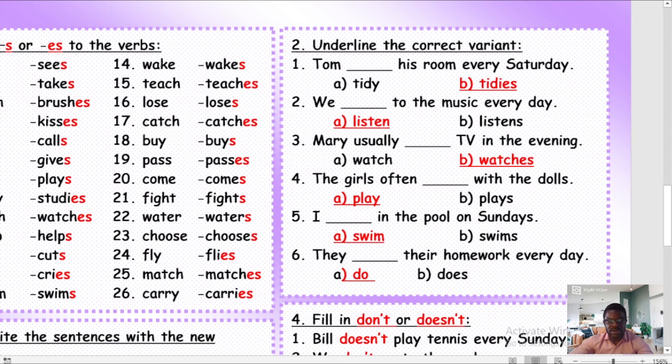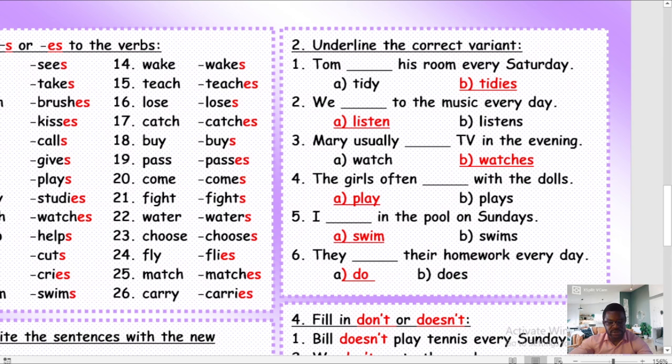We add ES. Help is a verb, so helps. Cat, cats. Cry, here again we've got another one that ends with a Y, and this time R is a consonant. So we have to change Y to I and add ES. Swim, swims. Wake, wakes.